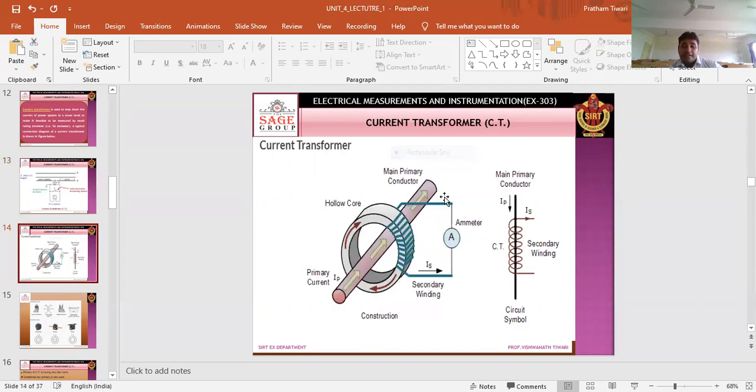Here is another diagram for the current transformer. This is the arrangement of the current transformer. This is the symbolic representation of the CT in the circuit.